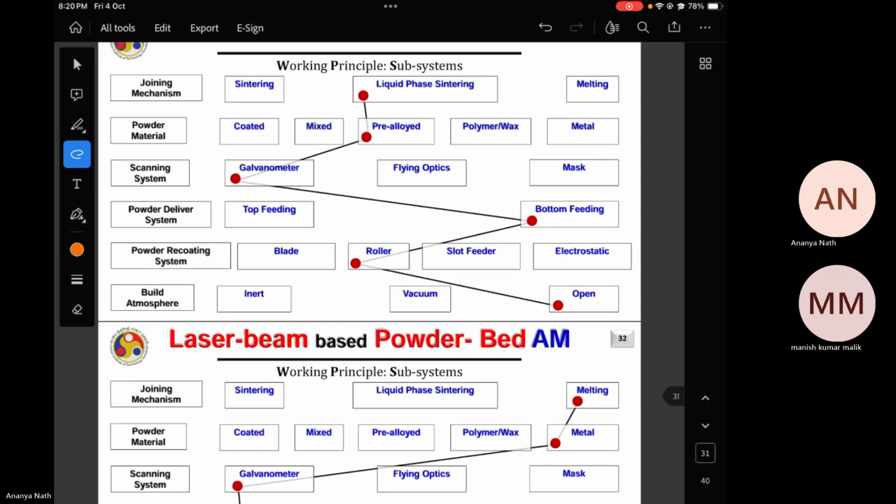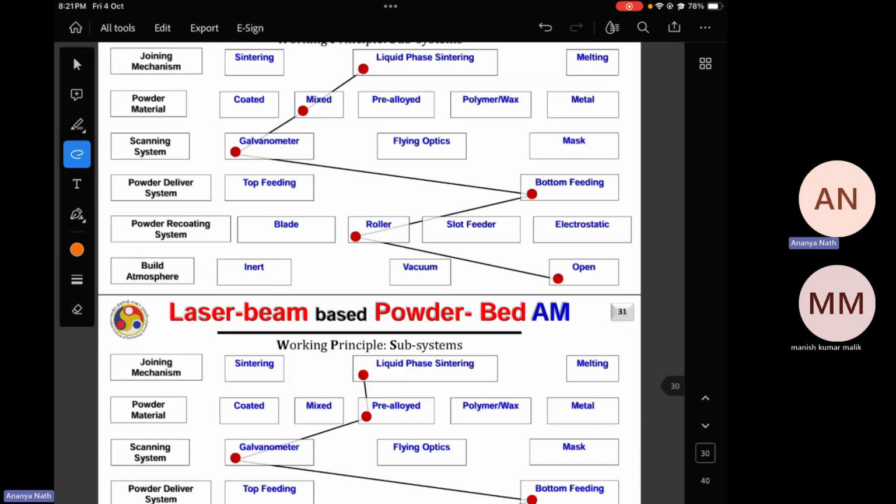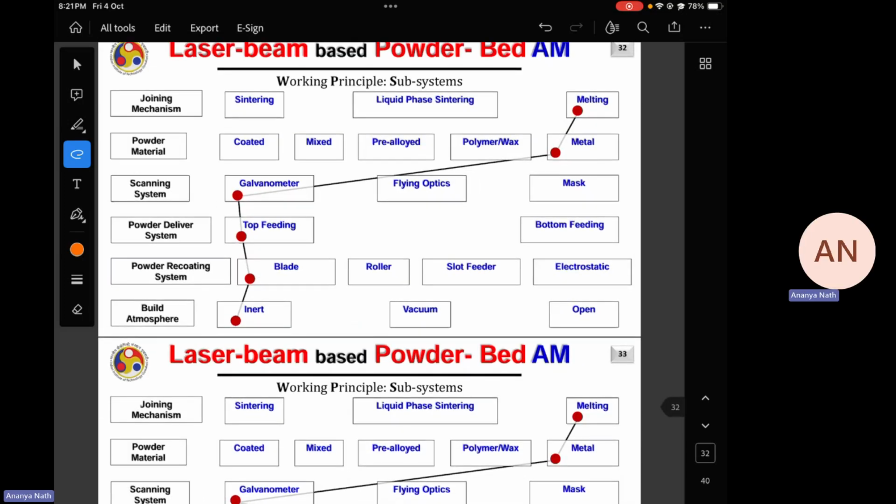Then liquid phase with bottom feeding and roller or blade. And then you can go for metal printing with the technique of melting, galvo scanner, top feeding, blade, and inert gas.